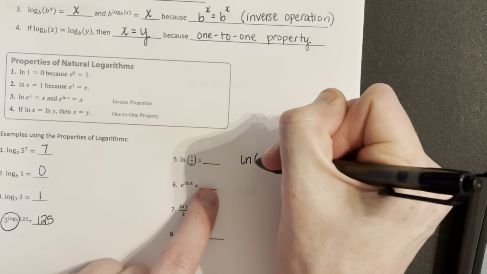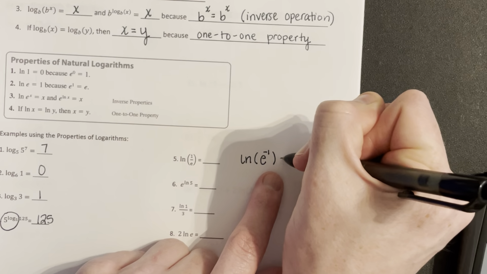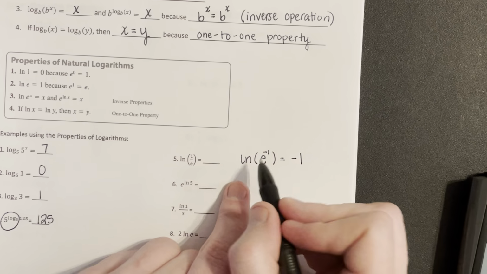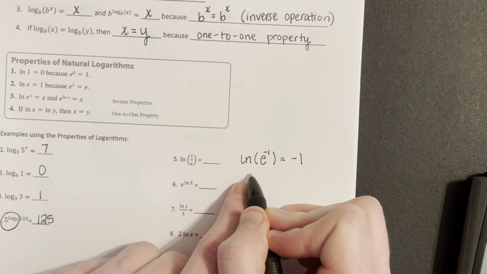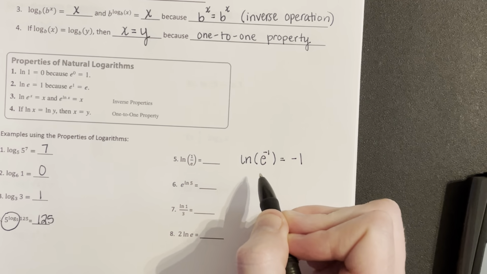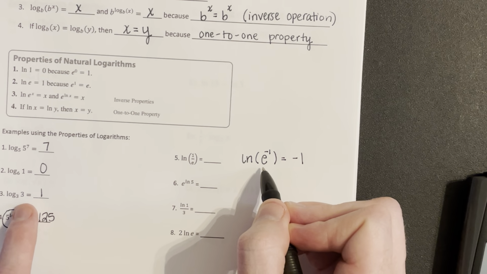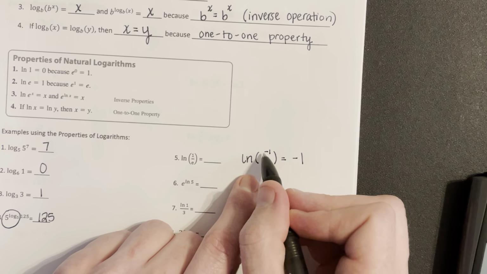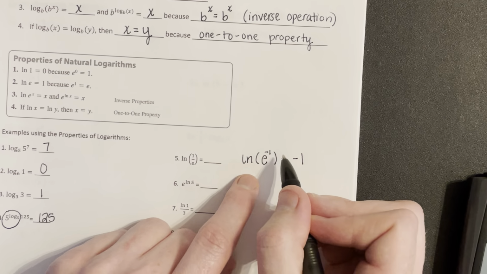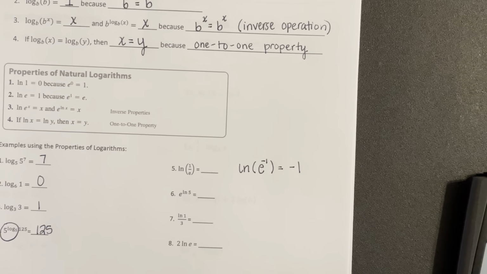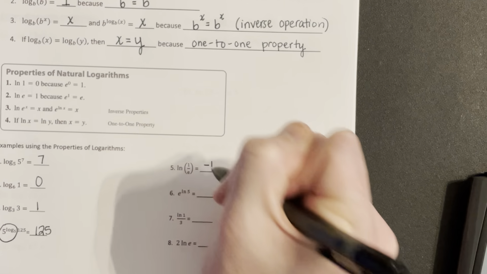So if I saw natural log of e to the negative 1, it would automatically be the exponent of negative 1 because a natural log is log base e, and we see something similar to what we just saw with 3, where the base and the inside of the log were the same. So we're left with whatever the power is. That's that property 3 that we're working with. So I would say this is equal to negative 1.